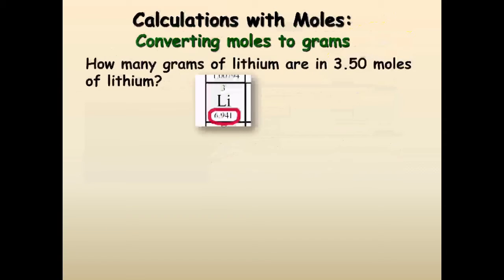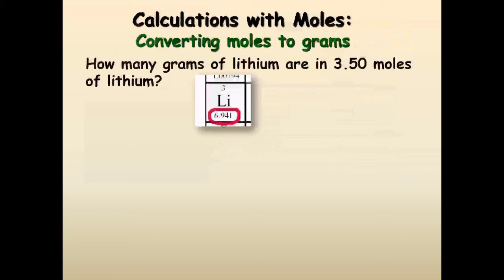Now, if we need to convert to moles, so we're going to ask how many grams of lithium are in 3.50 moles. So the first thing that I have here is the box on the periodic table that contains lithium. And you'll notice that I've already circled the mass of lithium, the atomic mass.